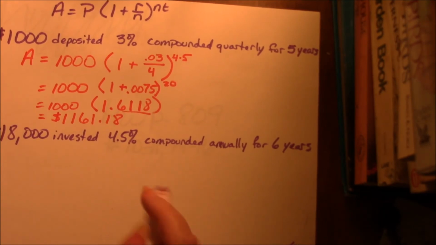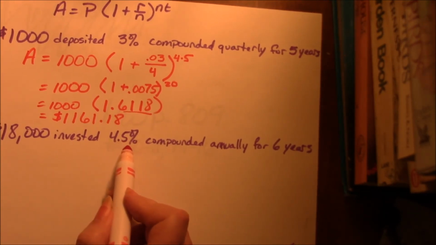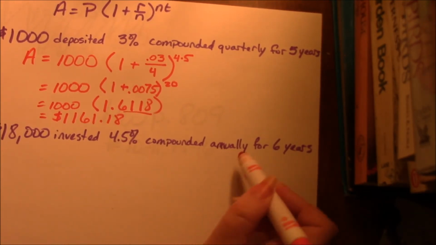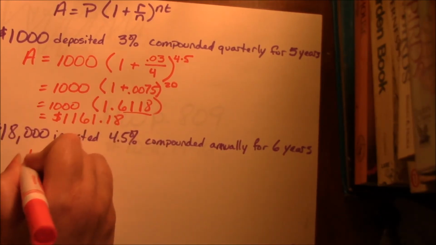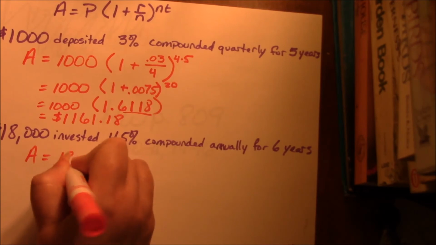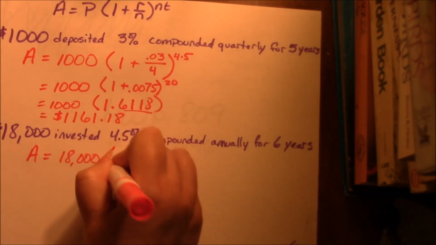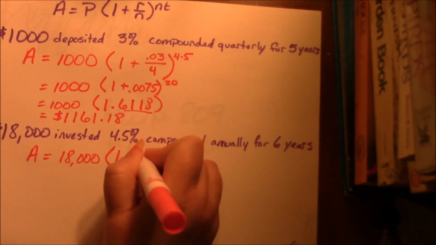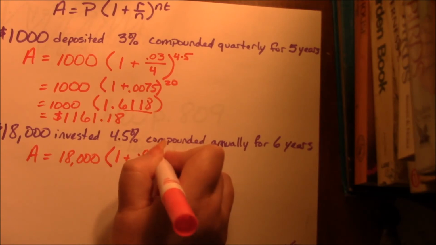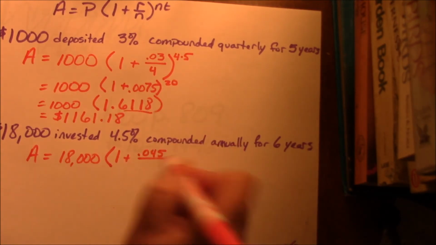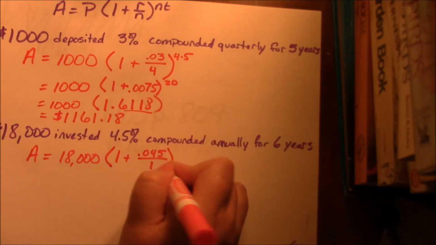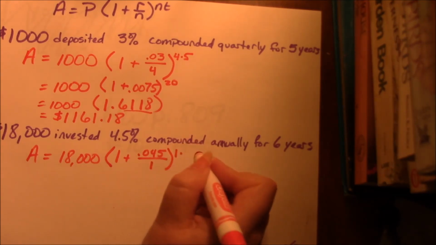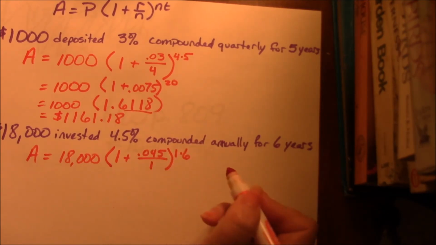I have $18,000 that I invested at a rate of 4.5%, compounded annually, which means once a year, for 6 years. So my A equals $18,000 times 1 plus 0.045 divided by 1, and 1 times 6 years.